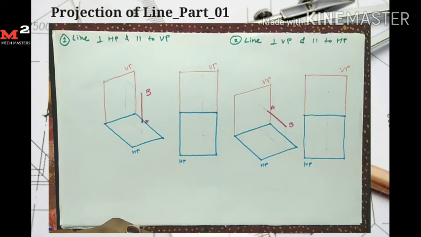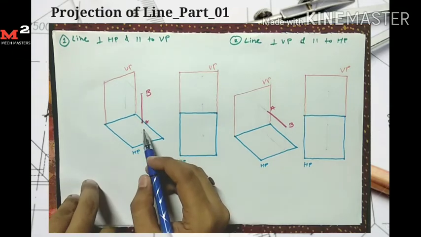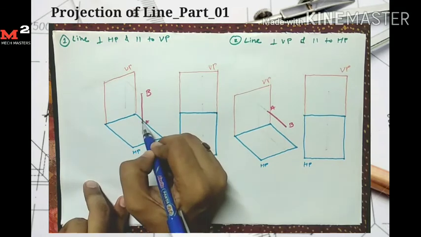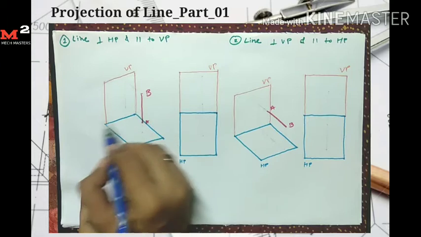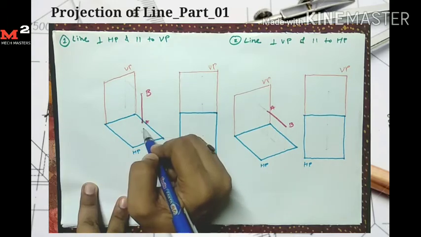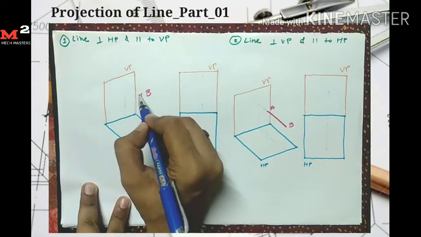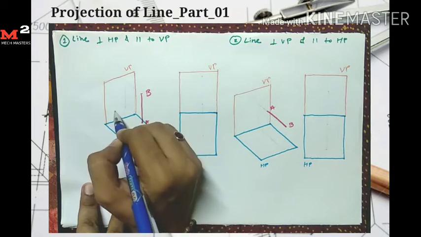First case is line perpendicular to HP and parallel to VP. Here in this case, the line AB is perpendicular to the horizontal plane and parallel to the vertical plane. Parallel to VP means points A and B have the same distance from the vertical plane.